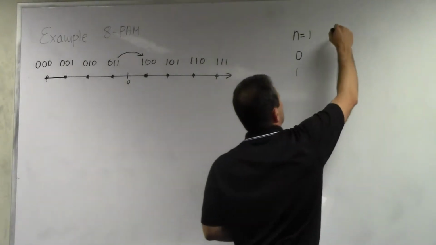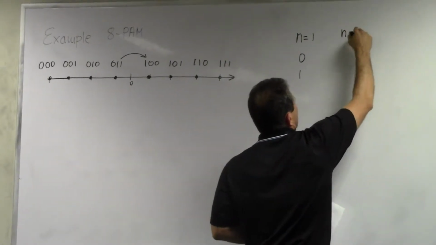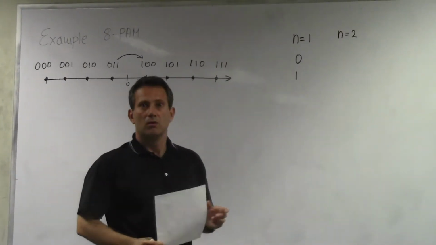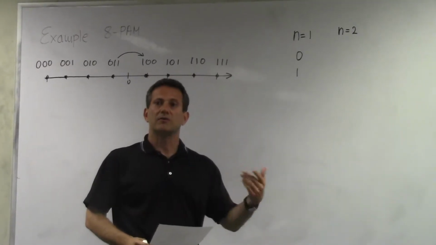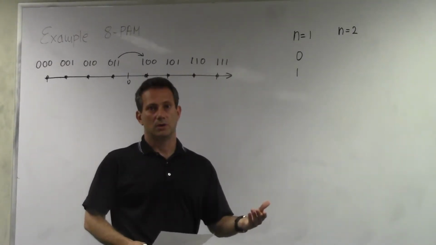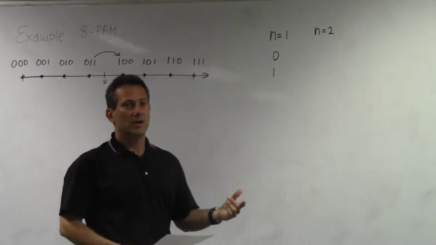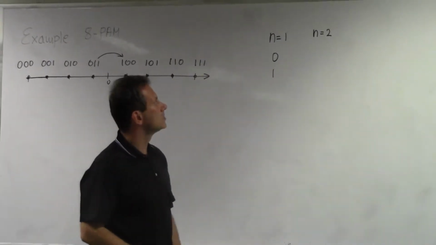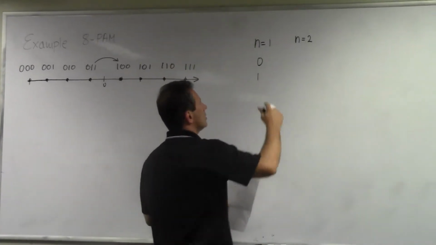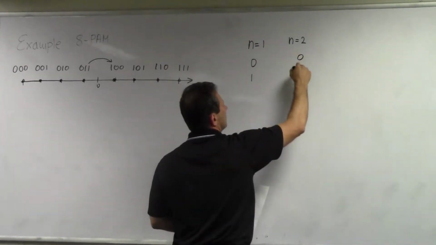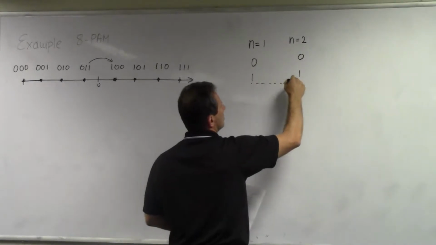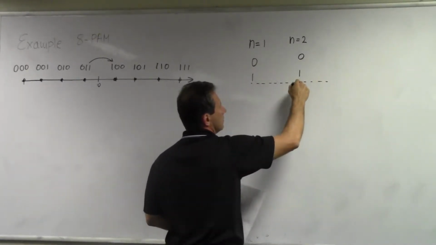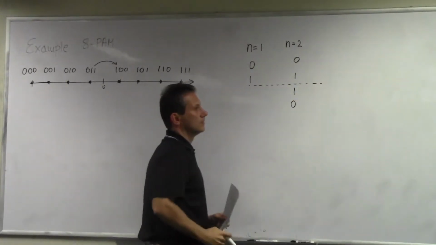Now if you go to n equal 2, you're going to have 4 symbols, each one of them carrying 2 bits. So the way you design the code words for n equal 2, you're going to take these 2 and write them again, and then you're going to put a mirror here, and then write what is seen in the mirror, right?